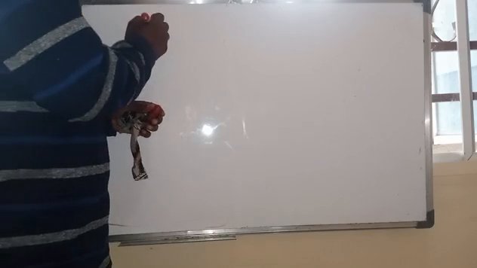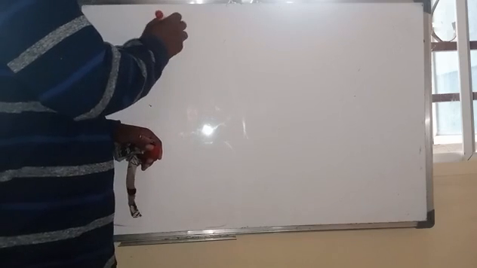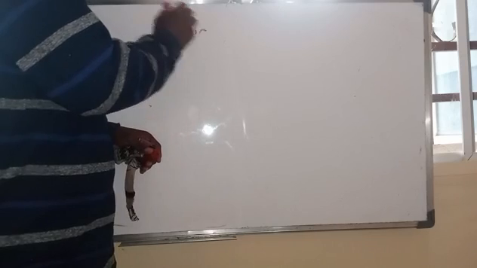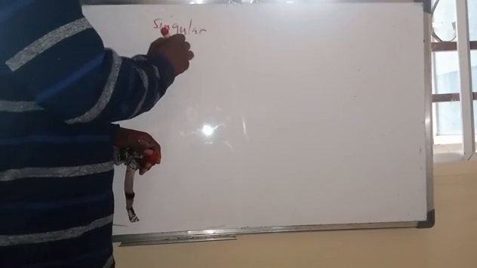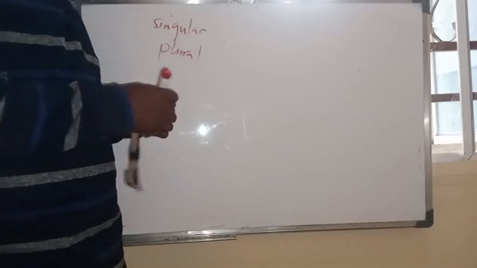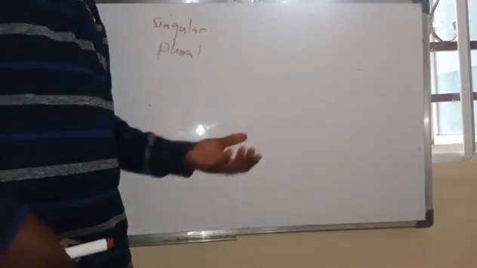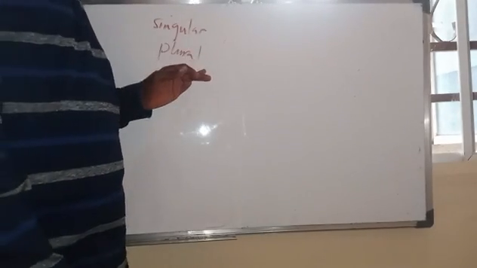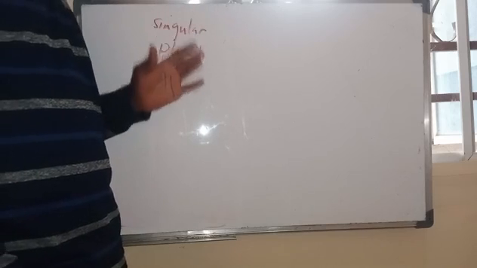A subject can be singular or plural. When two or more subjects are involved in the action, then we have a plural subject. When it is just one, we have a singular subject. A subject is usually a noun. You understand?